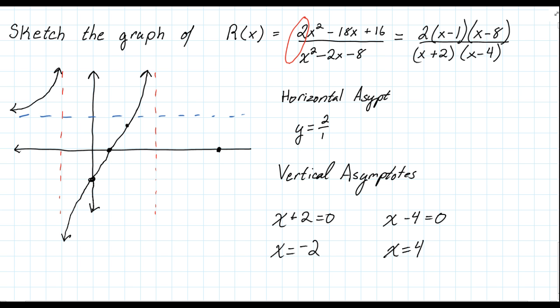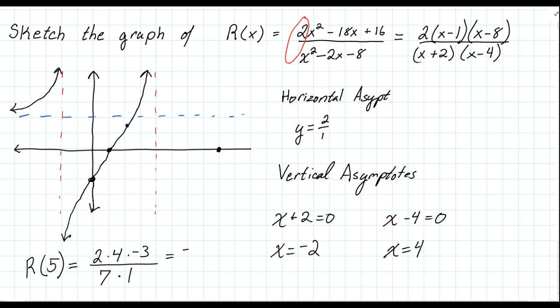So now all that's left to figure out is whether we're approaching the vertical asymptote x equals 4 towards negative infinity or positive infinity from the right. And to do that, I'll do the same thing that I did before. I'll just plug in, in this case, 5. And what I'll end up with is 2 times 4 times negative 3 over 7 times 1.